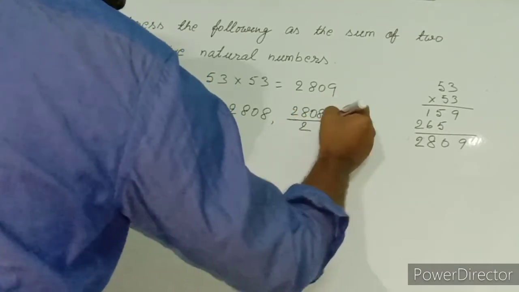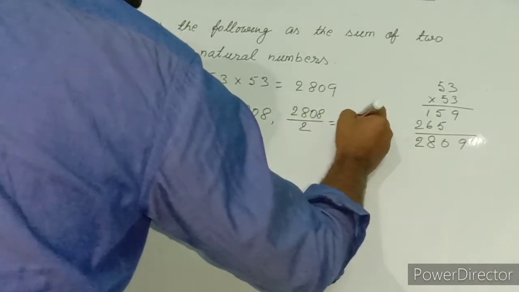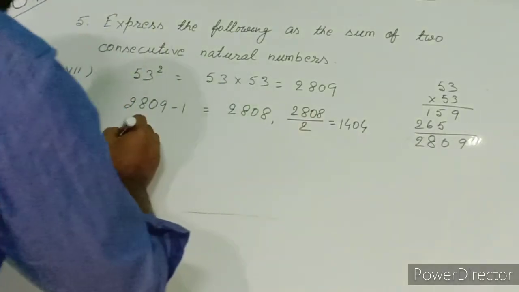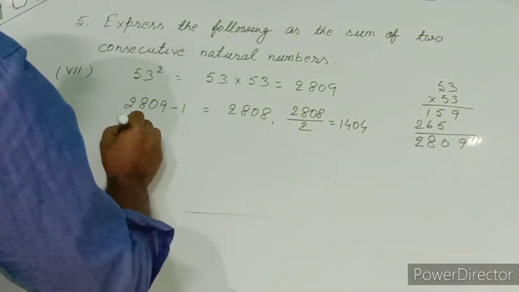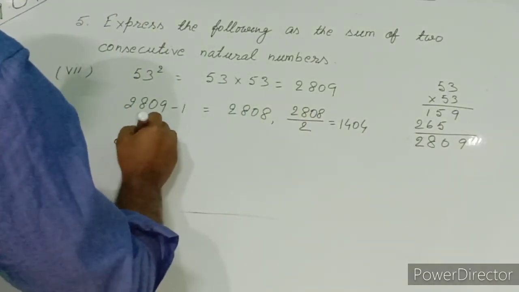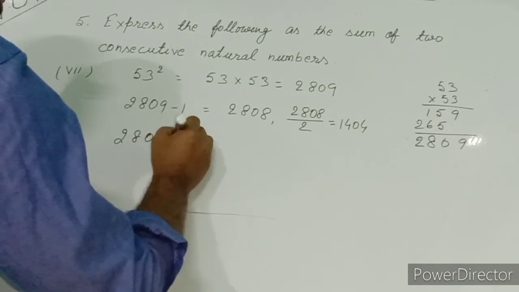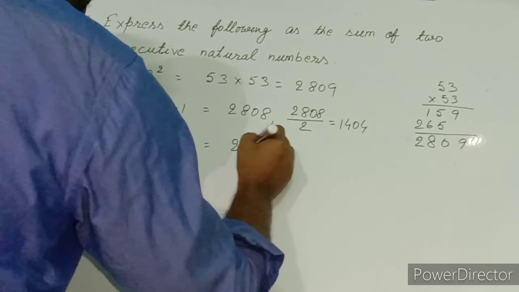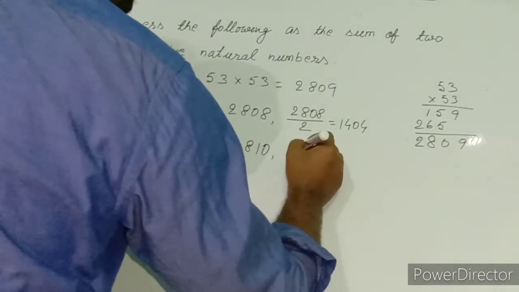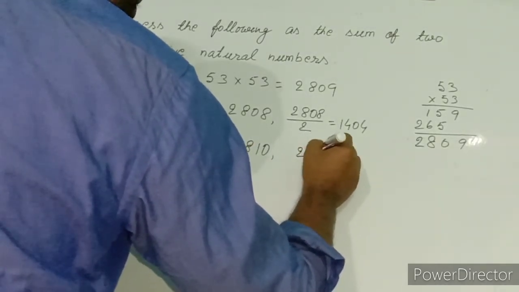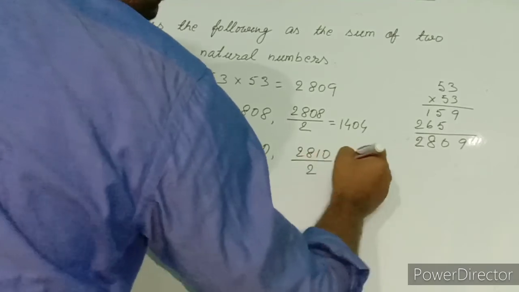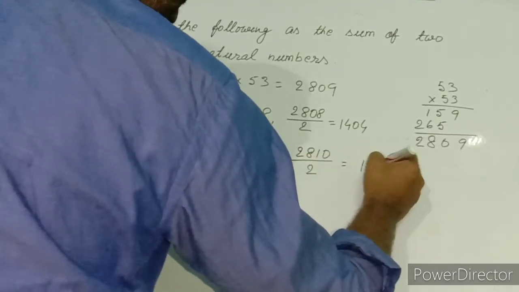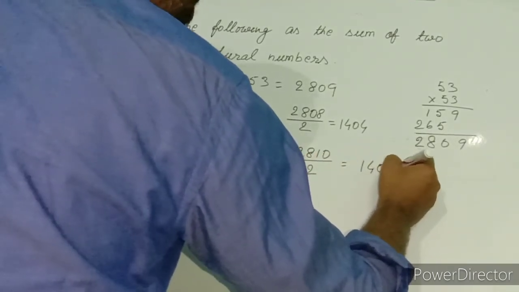2808 by 2 is equal to 1404. Now we add 1 to the resultant number, 2809 plus 1. So we get 2810. Now we divide it by 2. 2810 by 2, we get 1405.